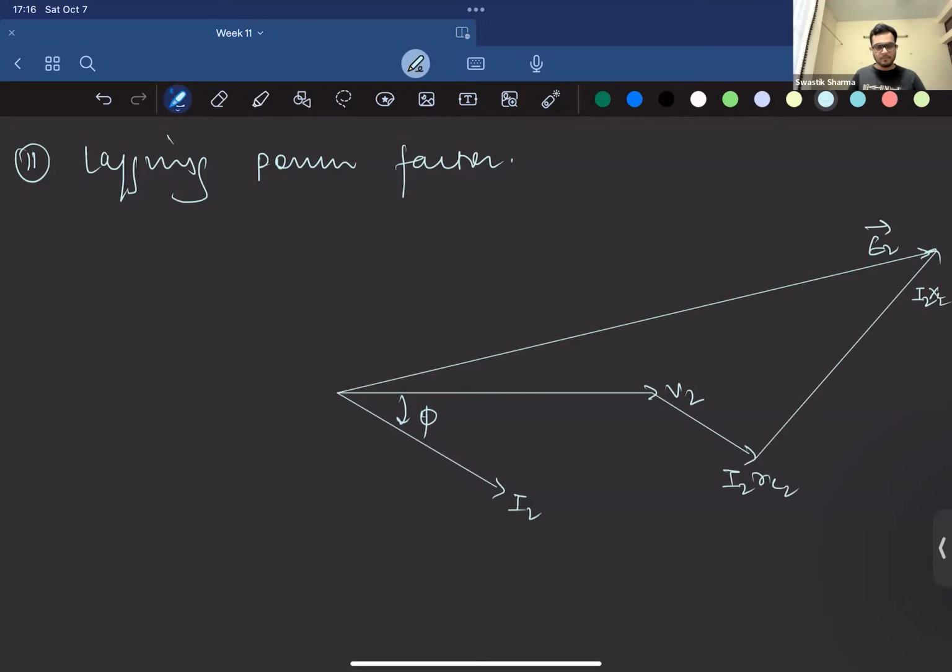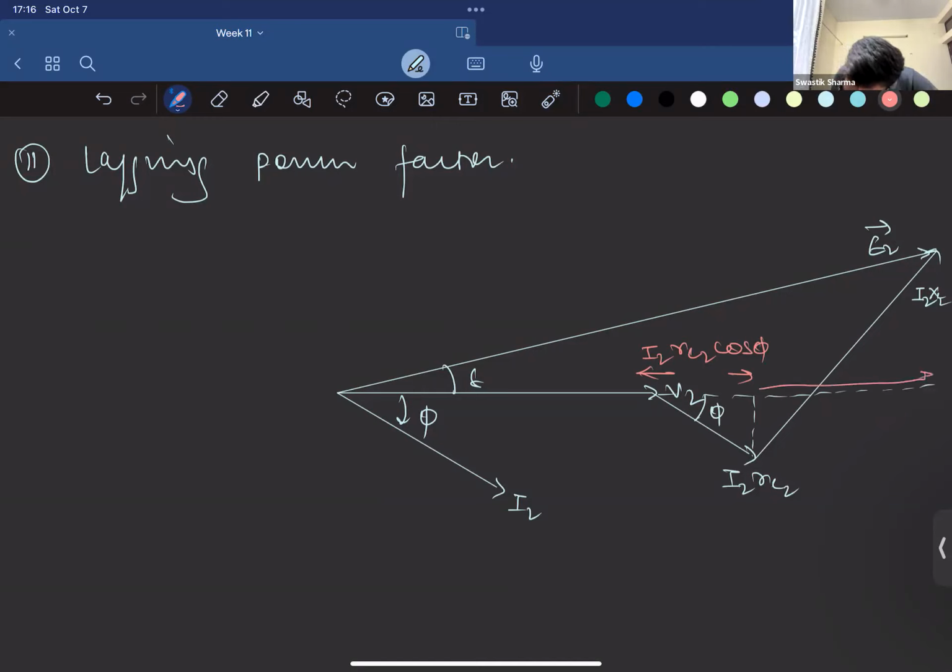So we got this, right? Let's assume this delta is very small, right? So first of all, this is nothing but I2 RE2 cos phi, right?